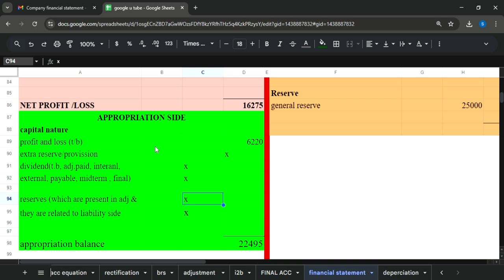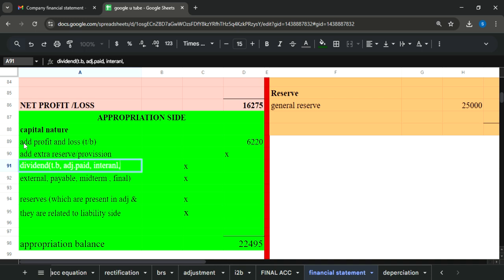So this balance would be transferred to balance sheet. Note it down. This profit would be added. So here you will mention add, and again this extra provision would also be added, and remaining everything would be subtracted but not present in this question.